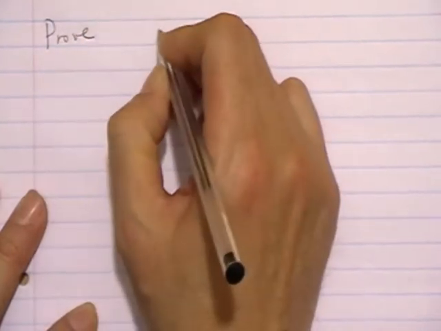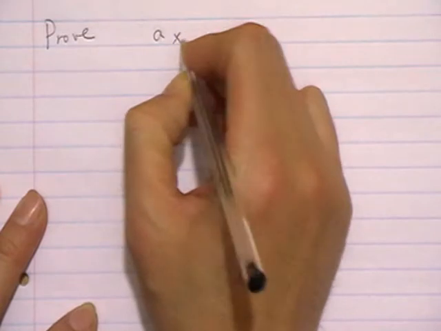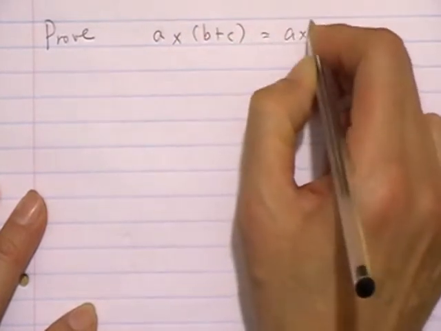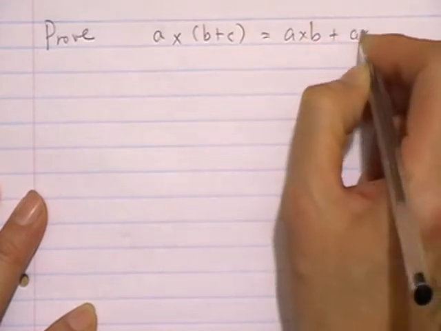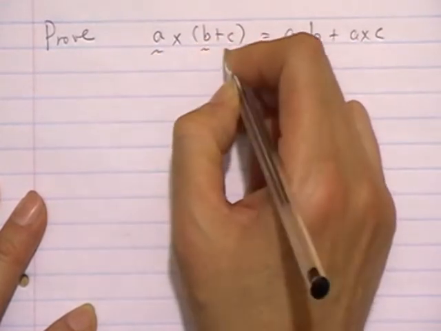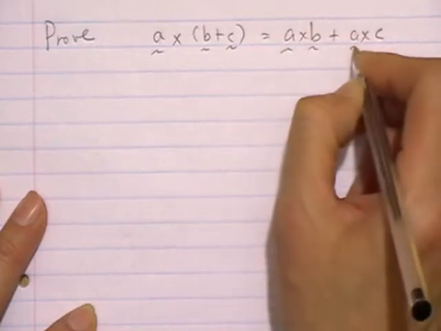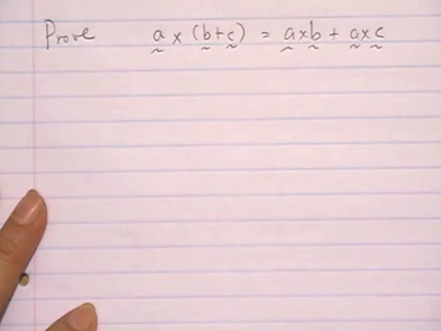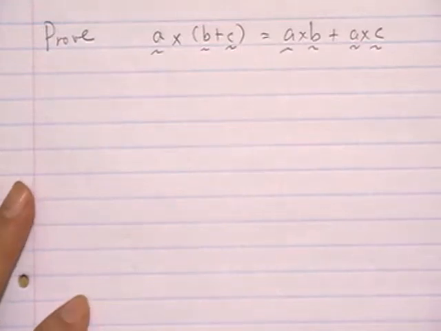In this session, I'm going to prove the distributive property for the cross product, where A, B and C are all vectors.